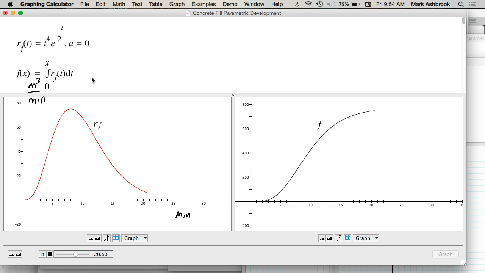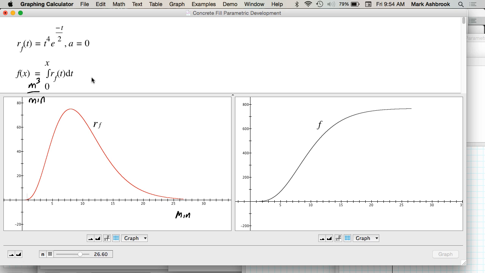I put the volume on the horizontal axis. So that's meters cubed. Your horizontal axis is meters cubed, and the vertical axis on the right-hand graph is showing you meters cubed. And the vertical axis on the graph you're going to create is rate of change.